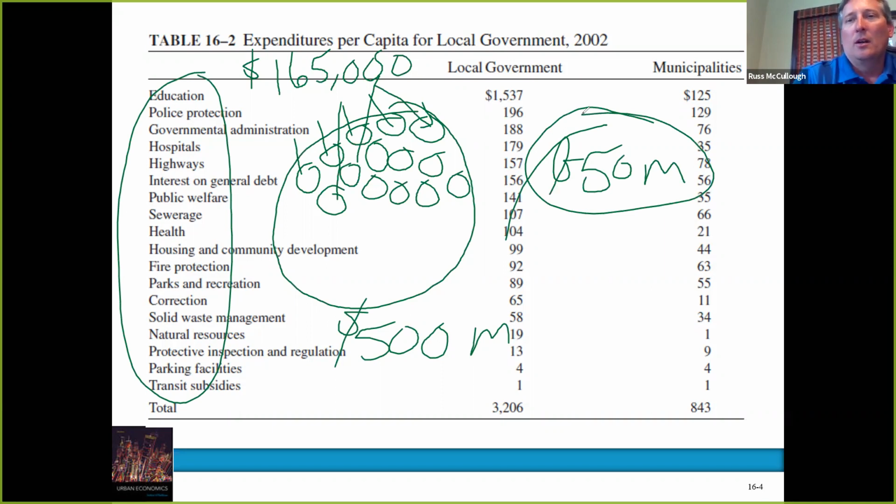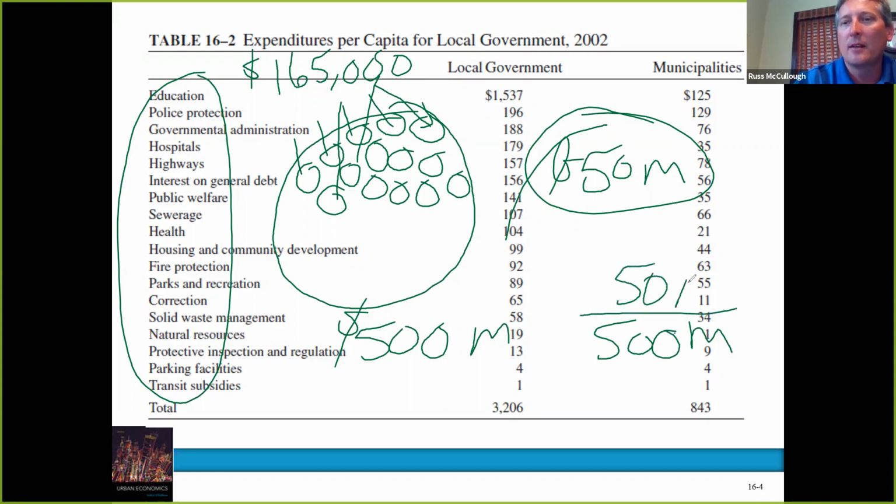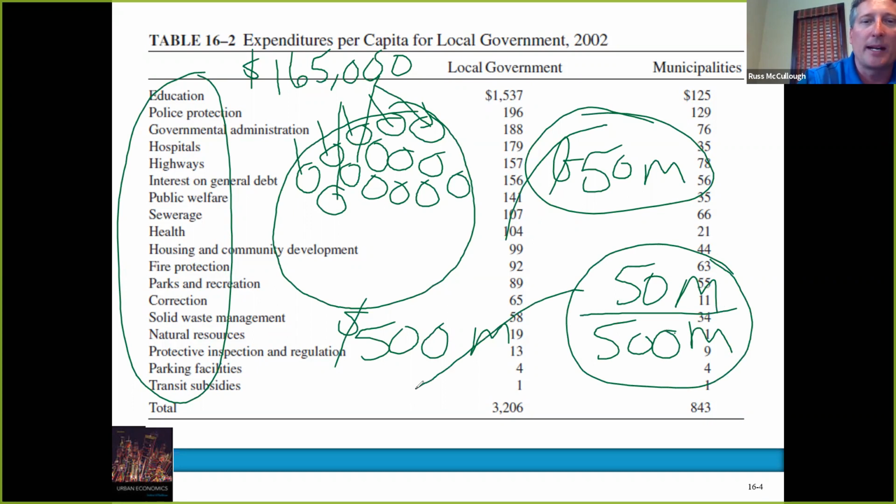The next step in the process is to say, in order to collect 50 million from 500 million, and I'm going to simplify this so I don't get too deep into the weeds, since you don't really need to know this for this chapter, you basically do this. The 50 million divided by the 500 million means that the tax rate, or what's called a millage rate, needs to be 10%.